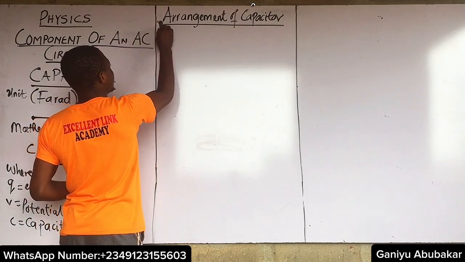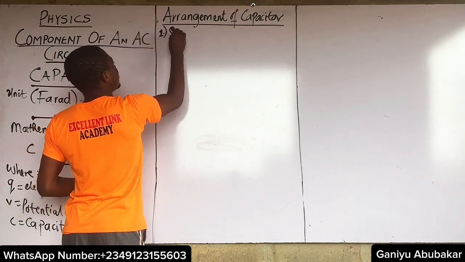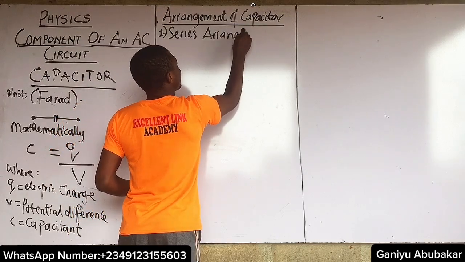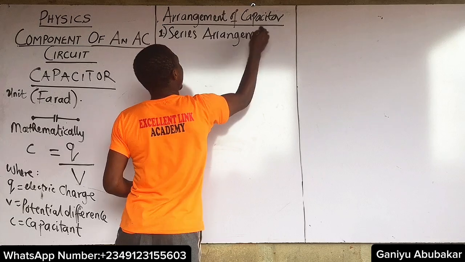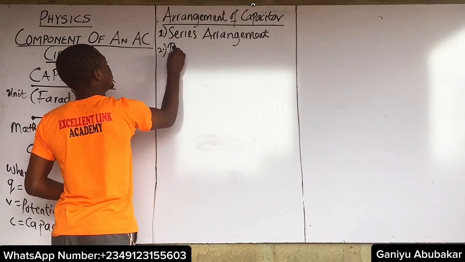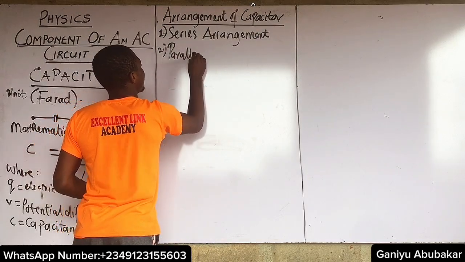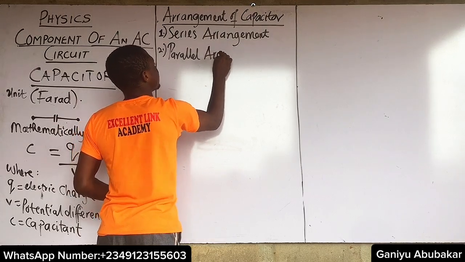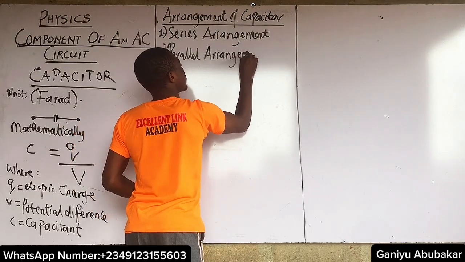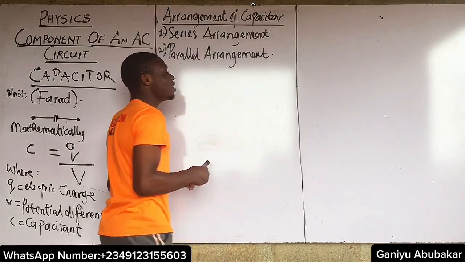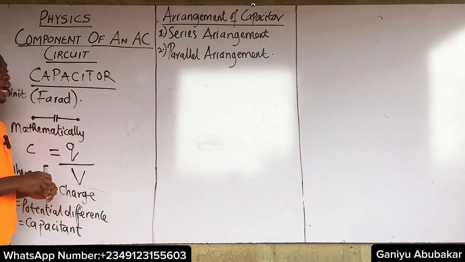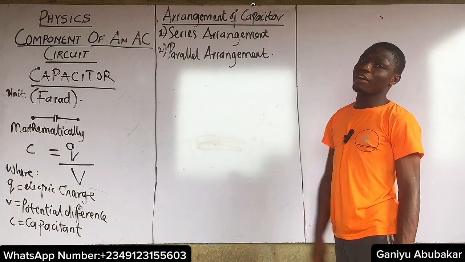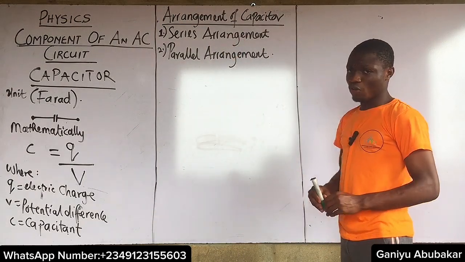Number one, there we have the series arrangement, and the second one is called the parallel arrangement. These are the two distinct ways of arranging capacitor, as you can see in front of you.